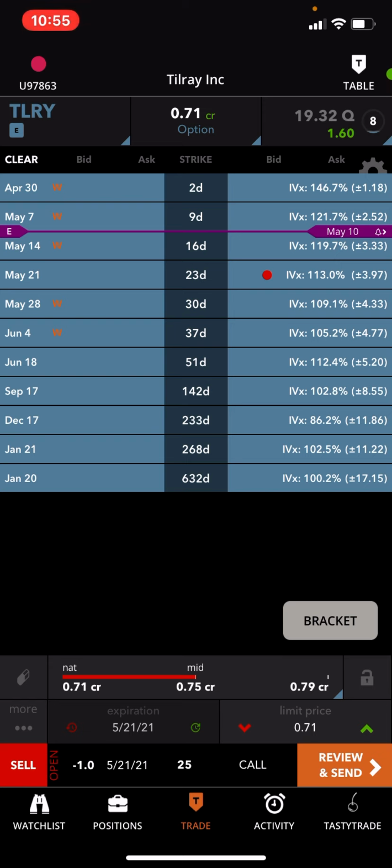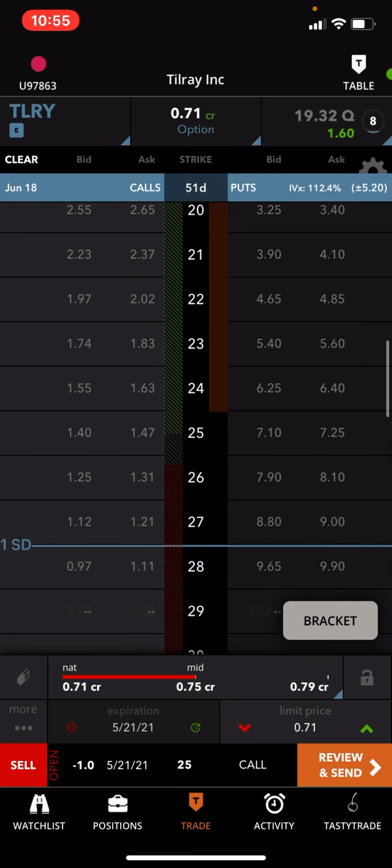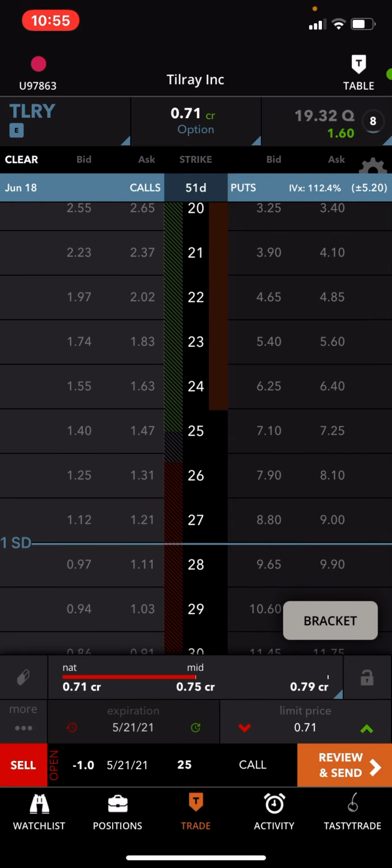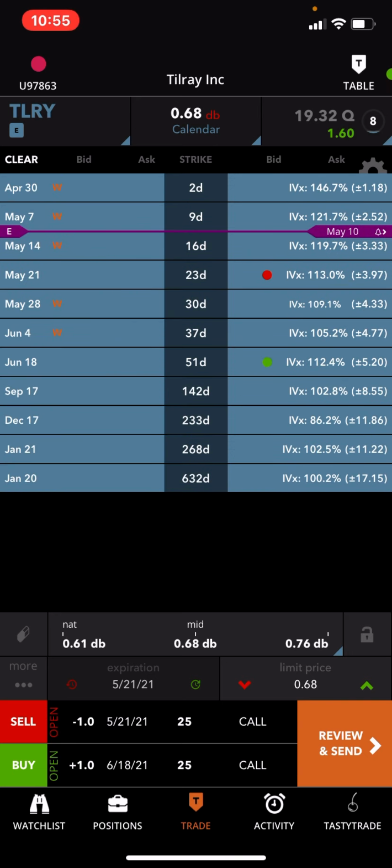You can see in June, the move is $5.20. So you're going to go over here and hit the ask, boom, and buy that one. So that's how the trade looks. And this will cost you 68 cents at the mid price, which is $68 on a one lot, on one contract.